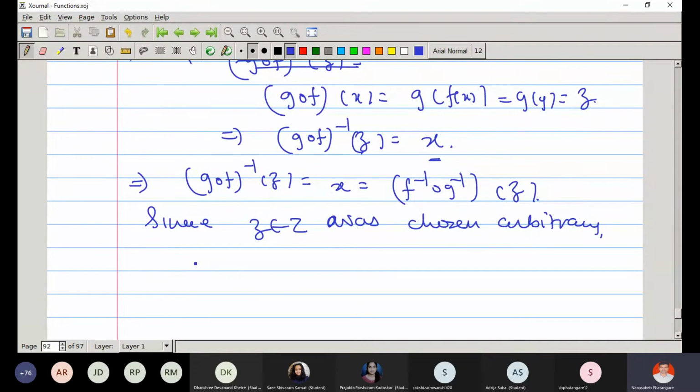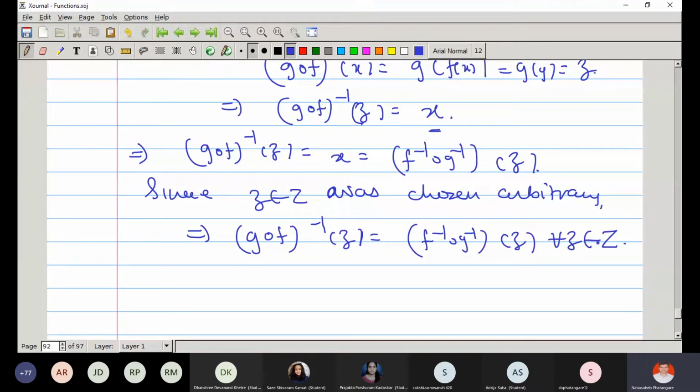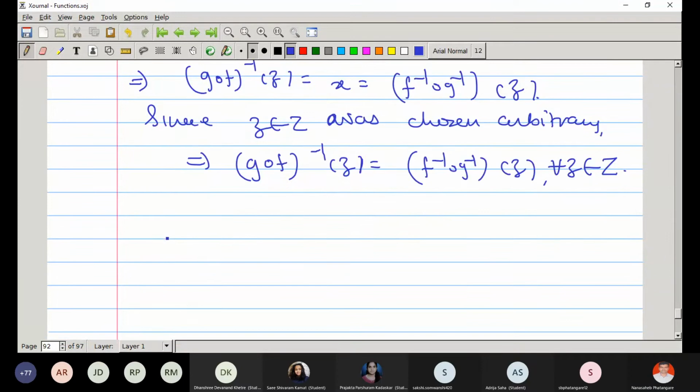We just closed our eyes and selected z, and for that z this happens. Therefore, (G composite F) inverse of z is equal to F inverse composite G inverse of z for every z in Z. So these two functions are the same, and therefore (G composite F) inverse is F inverse composite G inverse.